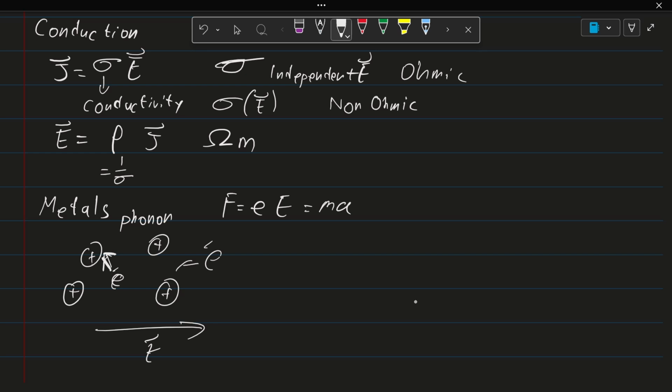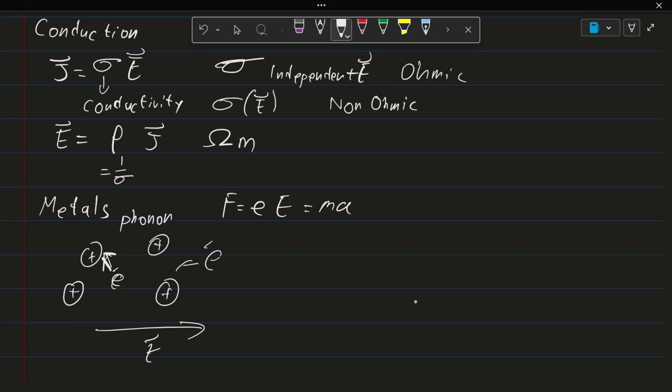I will discuss phonons a little more when we deal with quantum mechanics. But for now, we'll just say that it's exchanging energy with the lattice itself. So this dissipates its energy and thus gives it a final velocity.